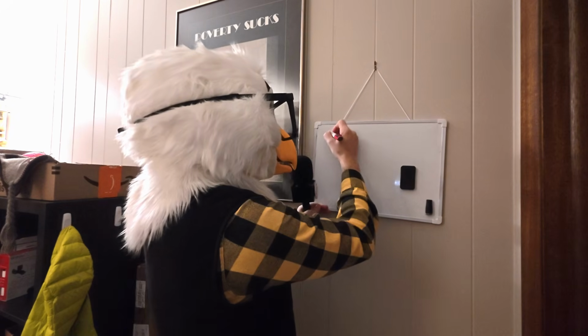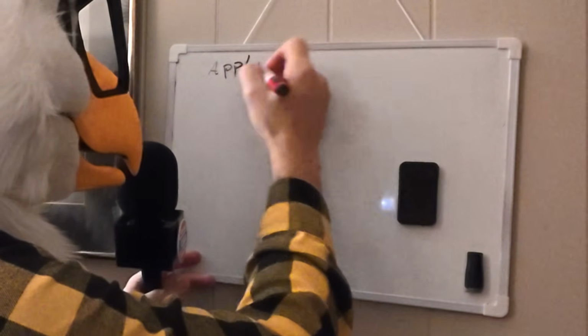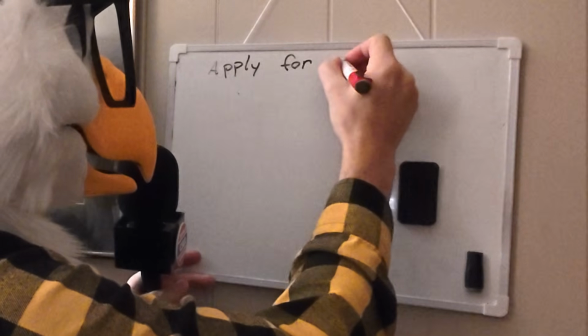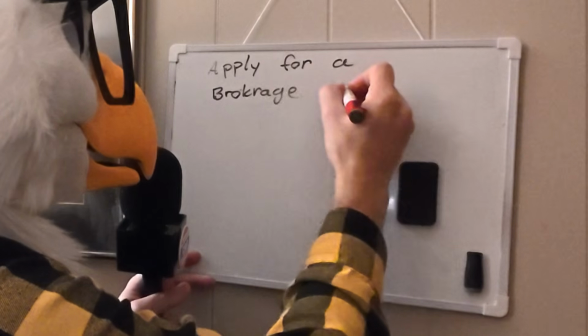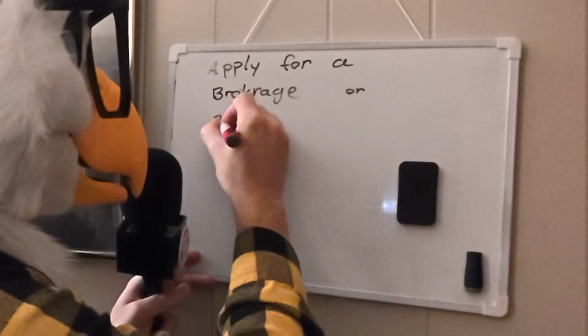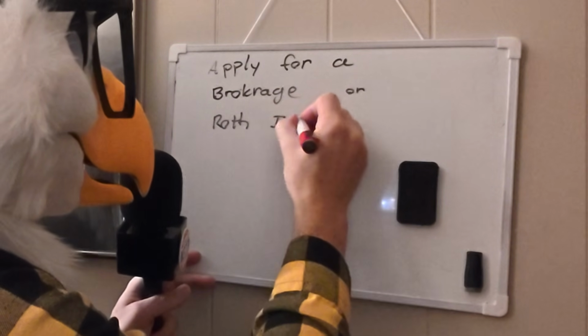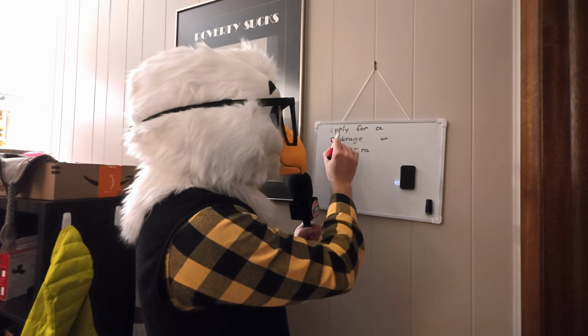Okay, now that you know what app to get, how do I use it? You need to apply for a brokerage or Roth IRA. So what does that mean? Well, first you download the app. I'm just going to say Charles Schwab. You download it, and then they're going to ask you what type of account you want.